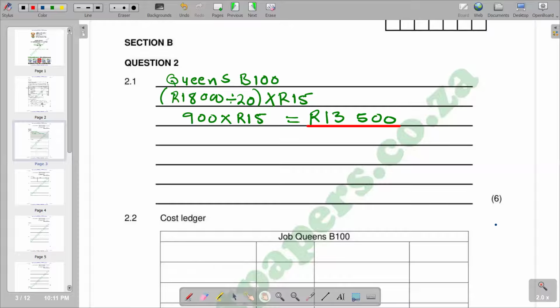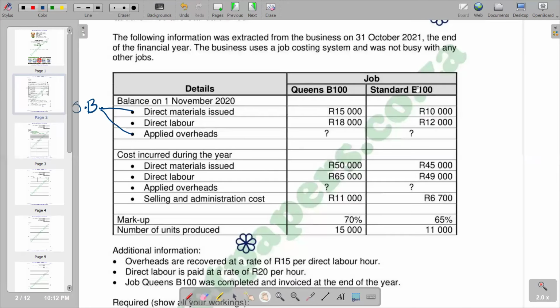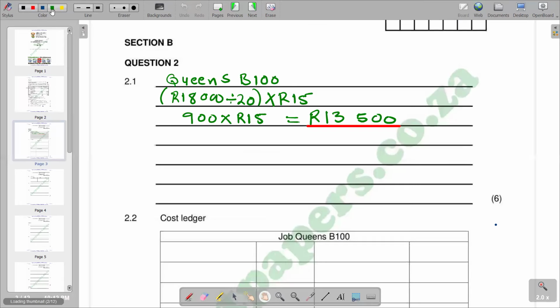So going to the second calculation, because the question is saying calculate the applied overheads for each job, it means we are going to calculate for all the jobs, so Standard B100 also.